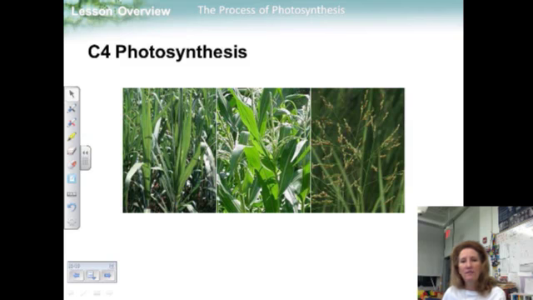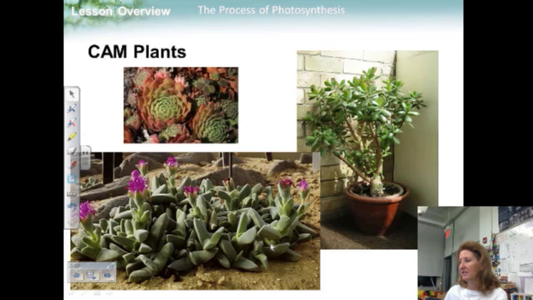The name C4 comes from the fact that the first compound formed in this pathway contains 4 carbon atoms, not 3. The C4 pathway requires a little extra energy in the form of ATP to function, though. C4 organisms include crop plants like corn, sugarcane, and sorghum. That's what you need to know about C4 plants for this class. There's, of course, a lot more detail.